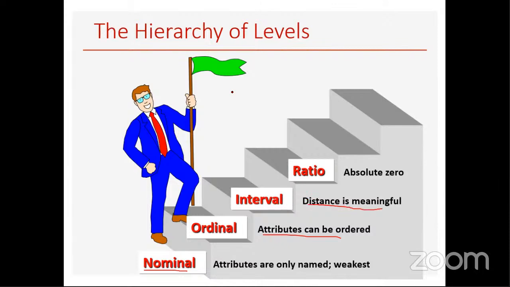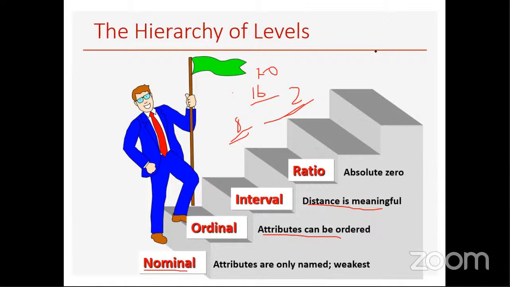If we give an example in class, and a student has 16 on 20, and another one has 8 on 20, we can say that the person with 16 is 2 times better in performance than somebody with 8, because there is a meaningful ratio and a meaningful distance between the two.